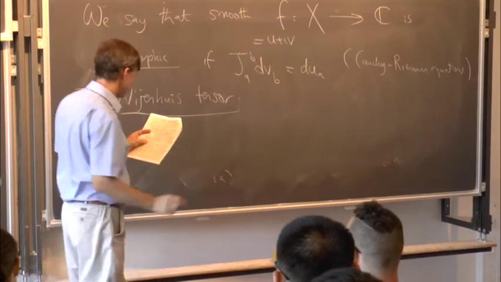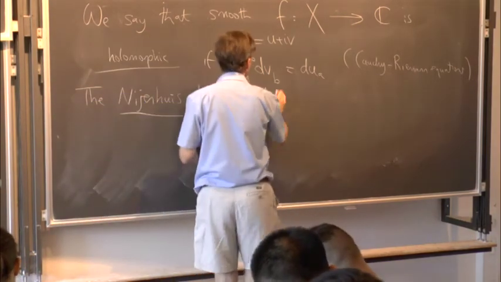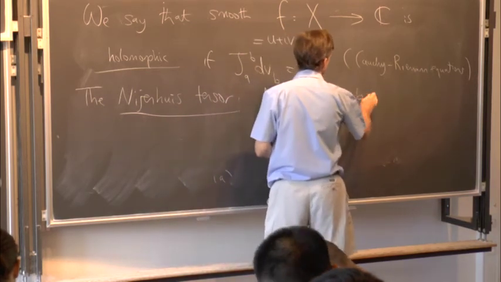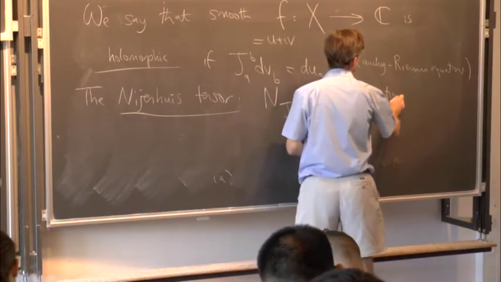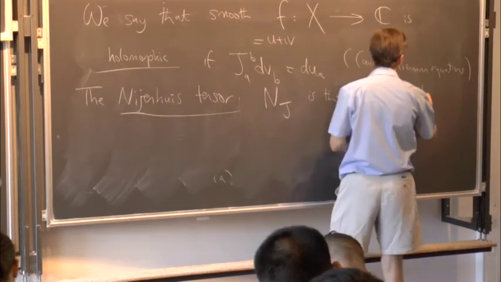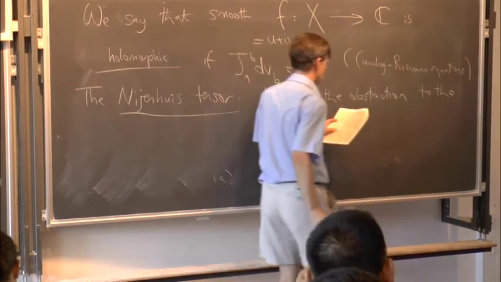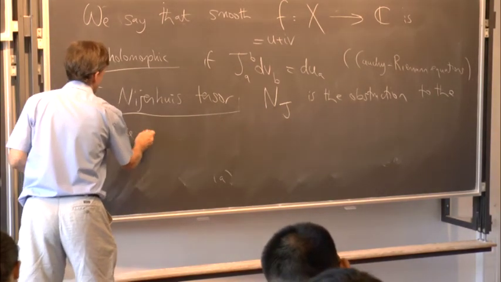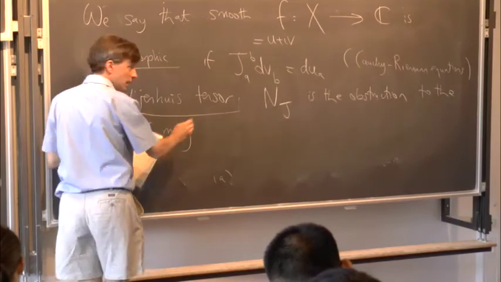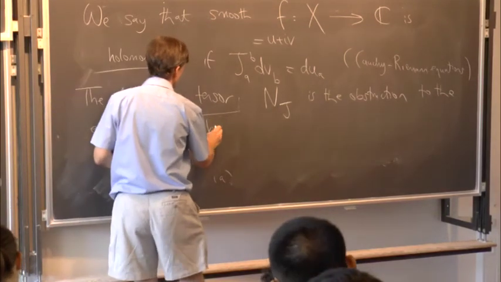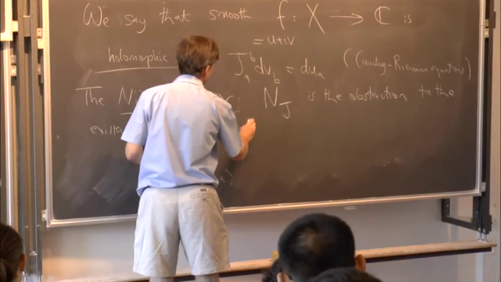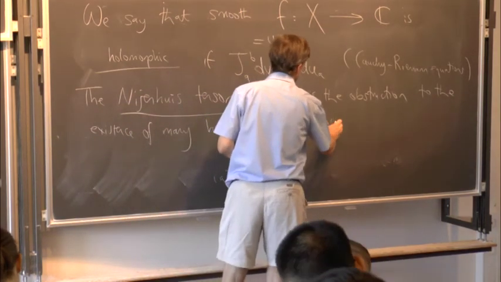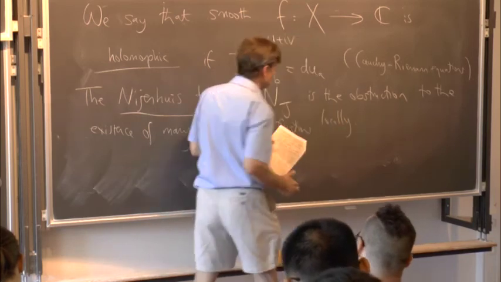The Nijenhuis tensor N_J is the obstruction to the existence of many holomorphic functions locally, meaning in small open sets.